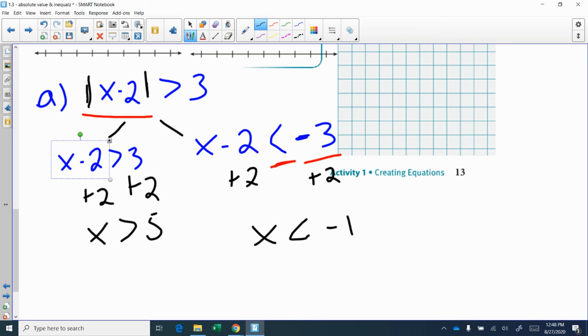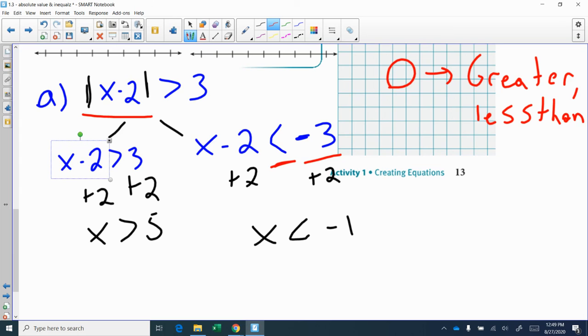With graphing, there's two main concepts that we have to recall. Okay? Whenever I'm graphing on a number line, an open circle refers to greater than or less than. Okay?